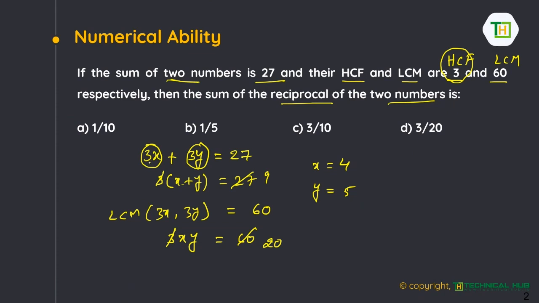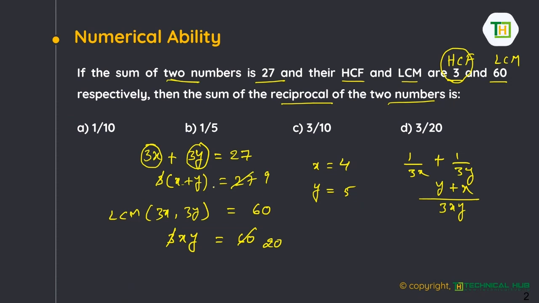The question asks to find the sum of the reciprocals. The reciprocal of the first number 3x is 1 by 3x, and the reciprocal of 3y is 1 by 3y. We need the sum of these two. Taking the LCM, 3xy, the numerator is y plus x.